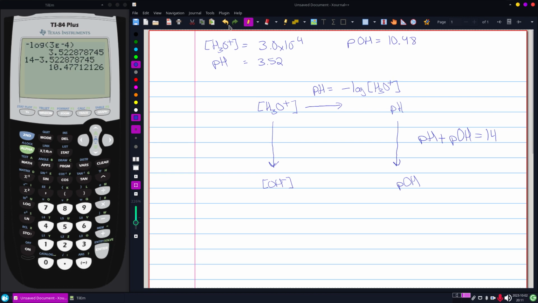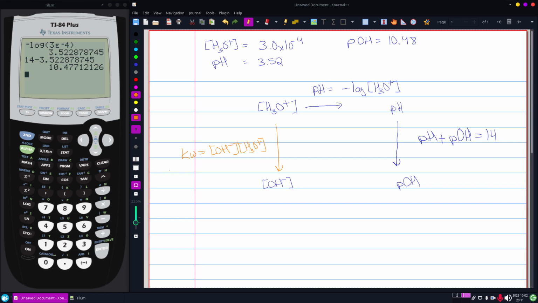All right, now the other option we have is to convert to the OH concentration first. I'm going to do that, we'll go with orange. And that relationship, we have this wonderful relationship that Kw equals the OH concentration times the H3O concentration.